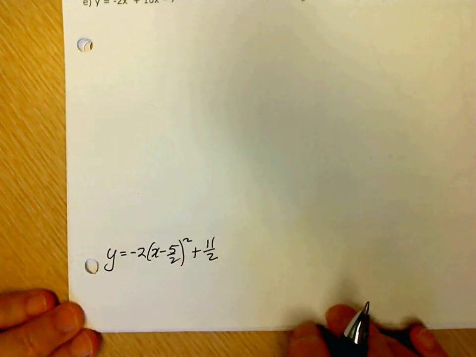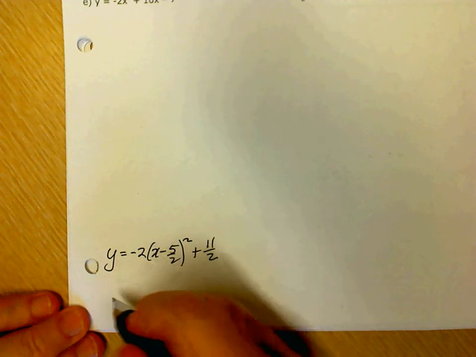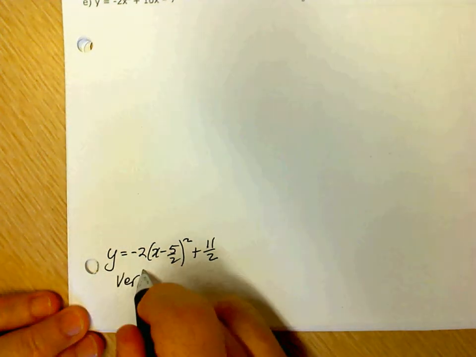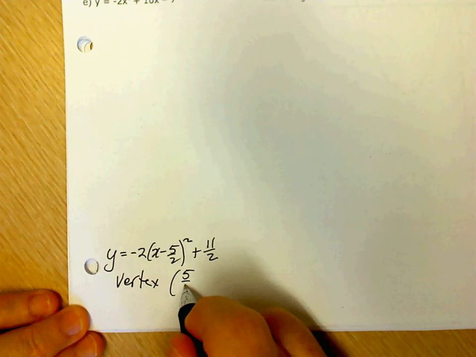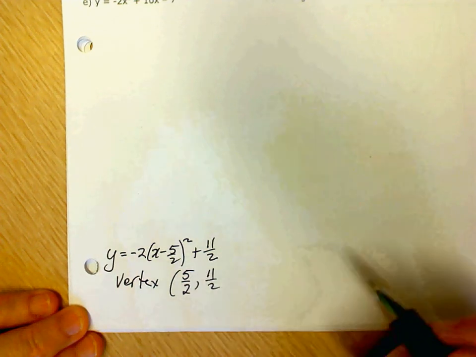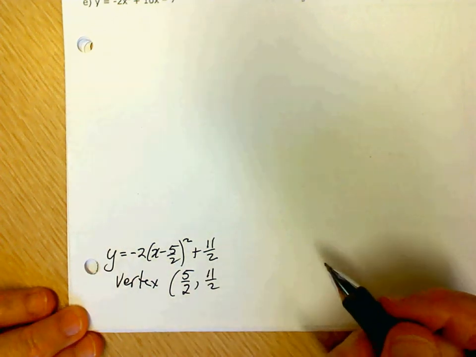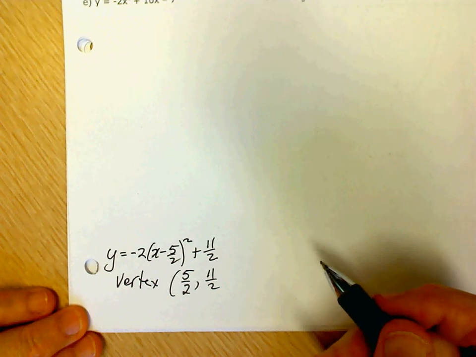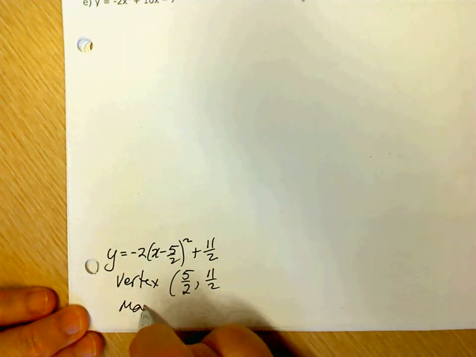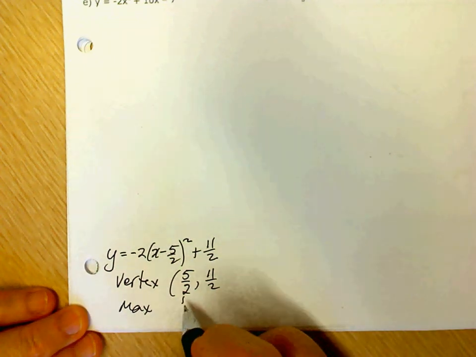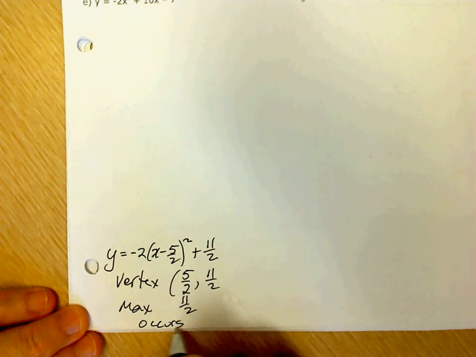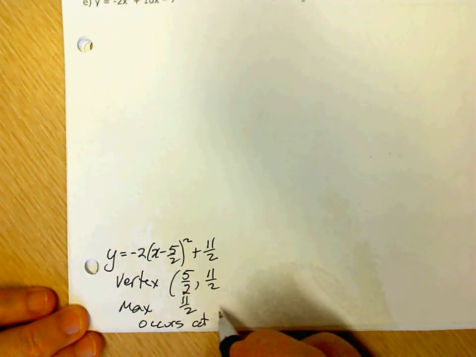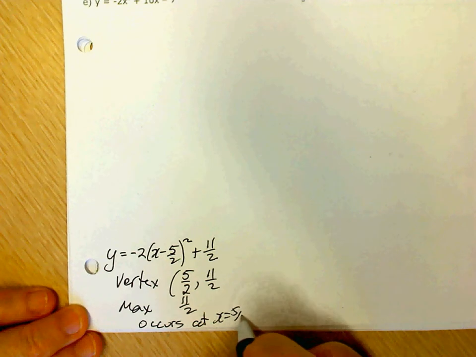So we have a vertex 5 over 2, 11 over 2. Our max is 11 over 2 and occurs at x equals 5 over 2. So you guys do that question, okay?